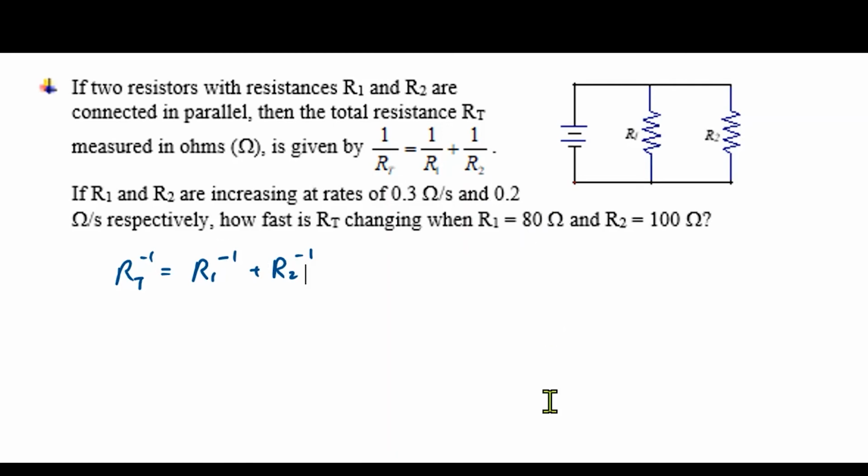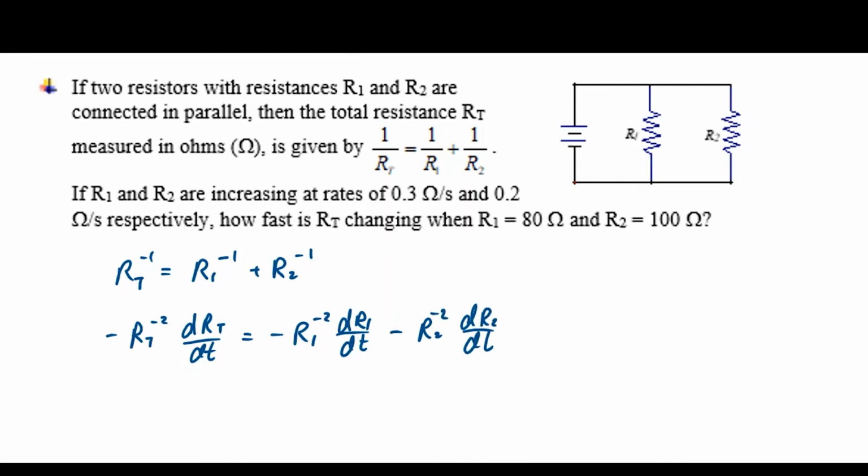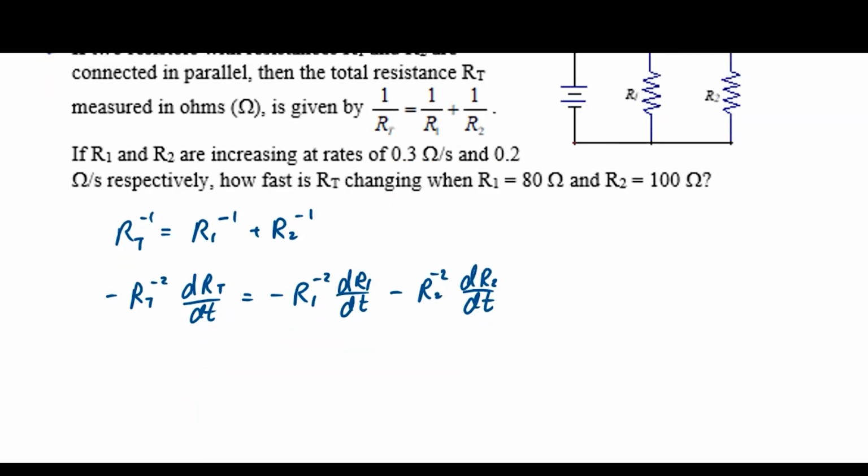So if we take a derivative using the power rule, you with me? Then dRt over dt is equal to, and this thingy becomes this, and the dR1 over dt, and this thingy becomes this, and then the dR2 over dt. Y'all with me? Say yes.